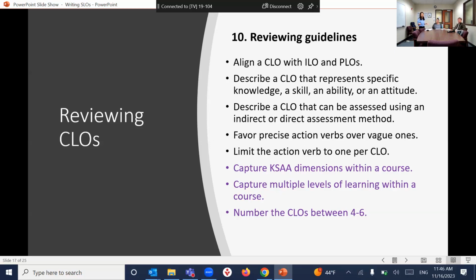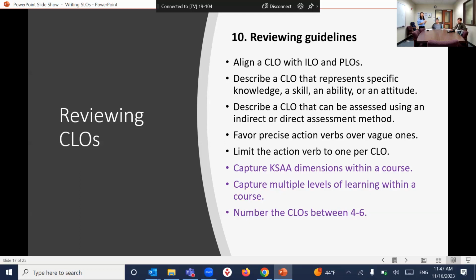Any questions for that? We're good. And the second one is to describe a course learning outcome that represents specific knowledge, a skill, an ability or attitude. Because we want one learning outcome statement to be observable and measurable. So you do not want to include too many things, too many skills in one statement.